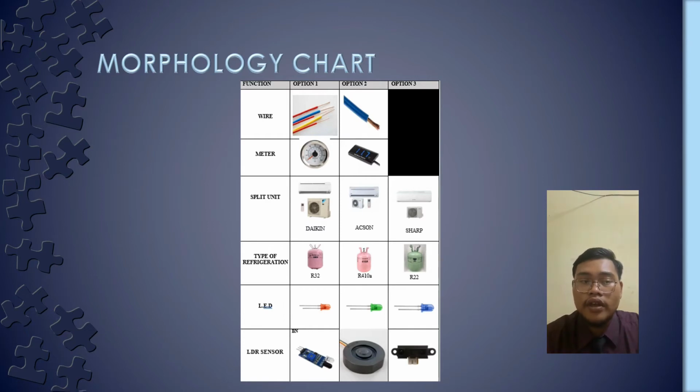For the type of refrigerant, we choose R32, R410A, and R22. For the light emitting diode, we choose red, green, and blue. For the sensor, we choose LDR sensor, smoke sensor, and one more sensor.